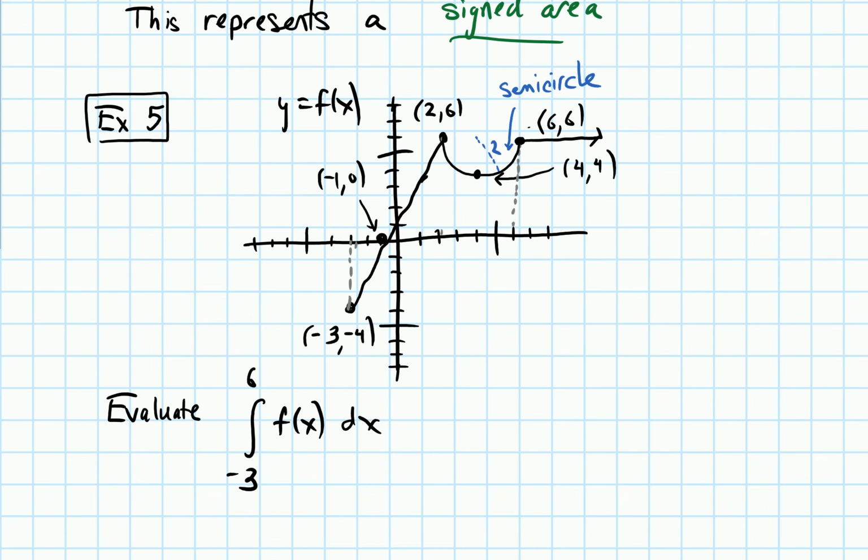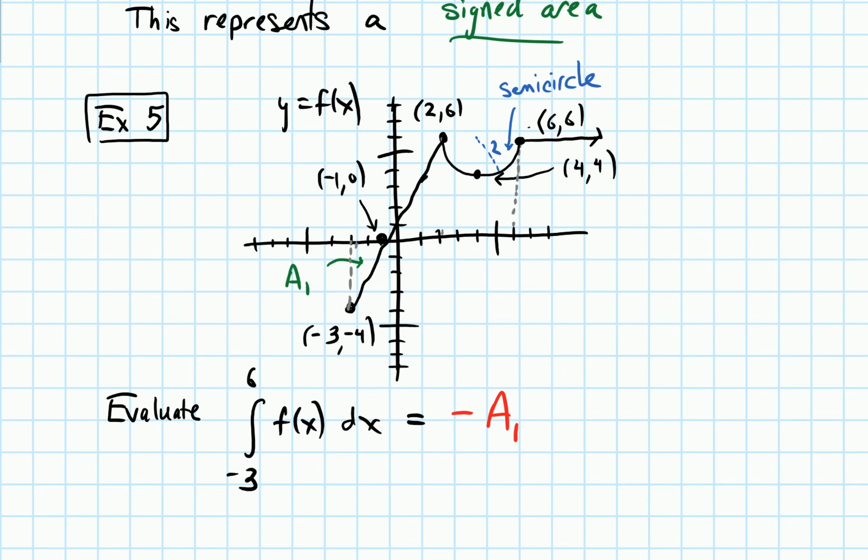When there's a portion like this first triangular section over here that is underneath the graph, I'm going to call this area A1, and that's going to get counted as a negative area. So when I start to write down what this definite integral is equal to, I'm going to count that first area as being negative, so negative A1. Then how do I figure out the area of the rest of this graph?